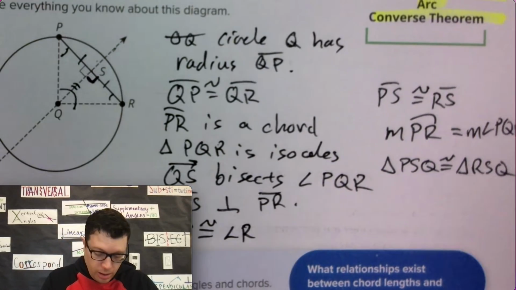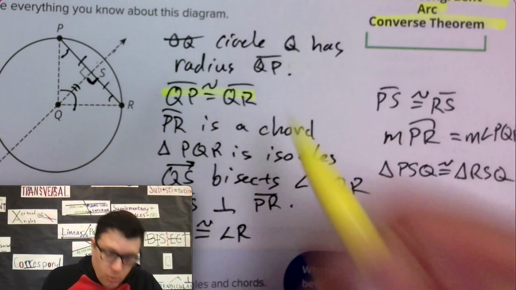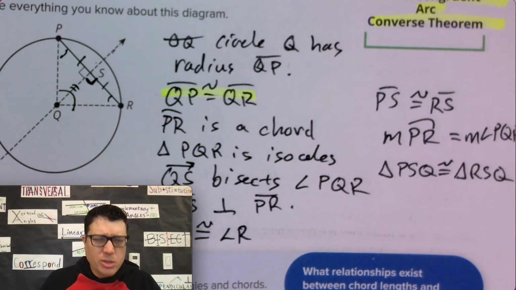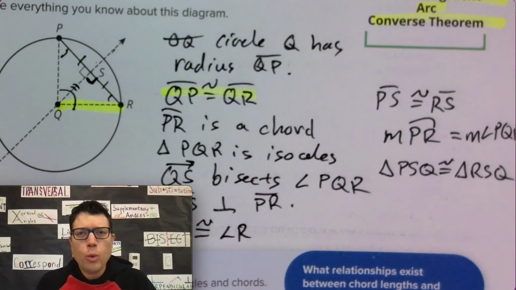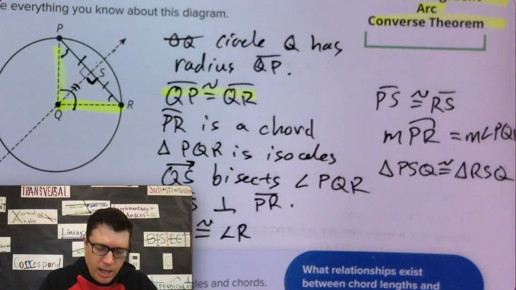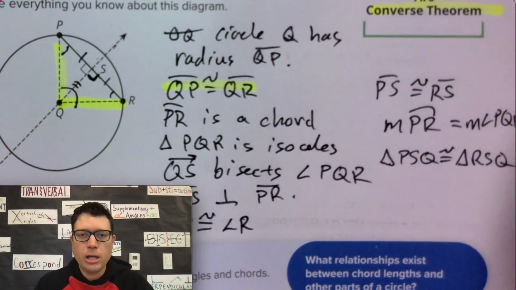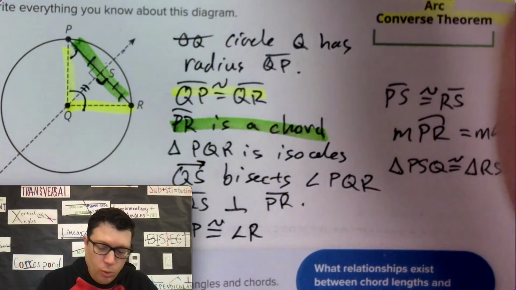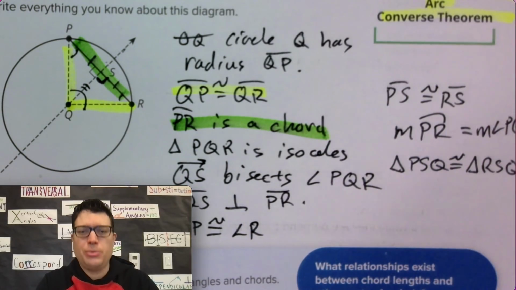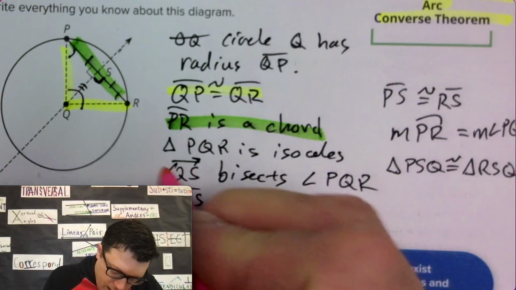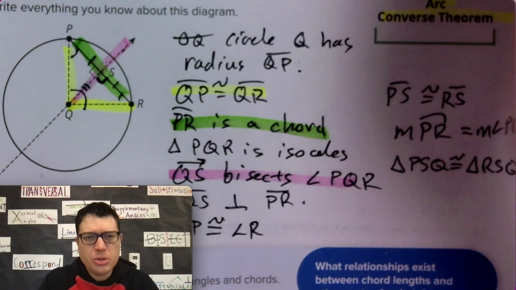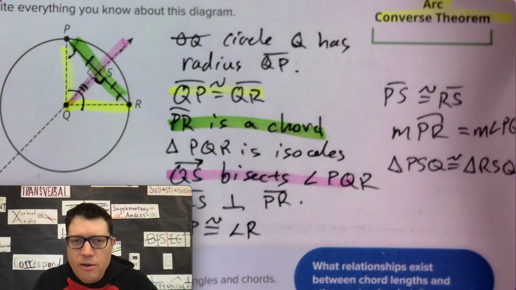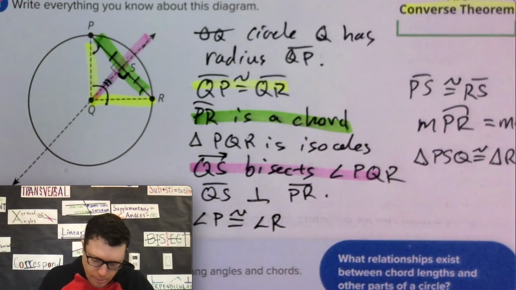Add some color along the way so that we know when we're talking QR, where's QR? It's right there. Where's QP? It's right there. And some extra highlight color can help information stand out so you can do something with it. QS bisects the angle Q. The more color you have for any of our lessons, the better off you'll be.